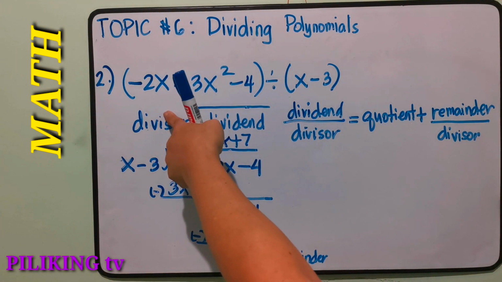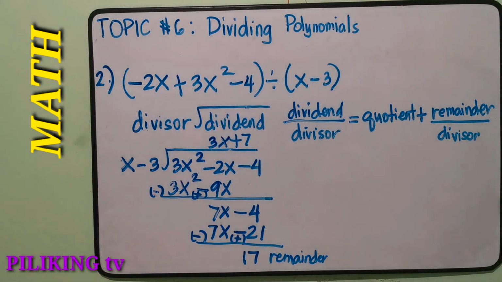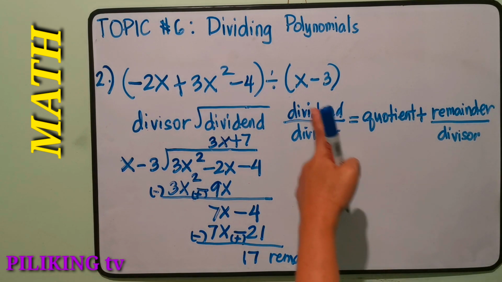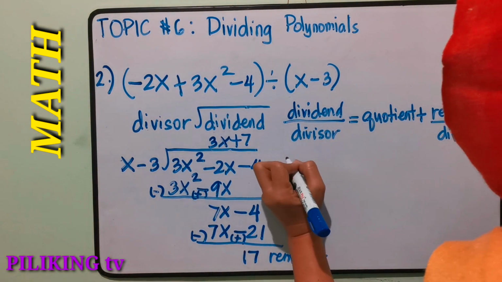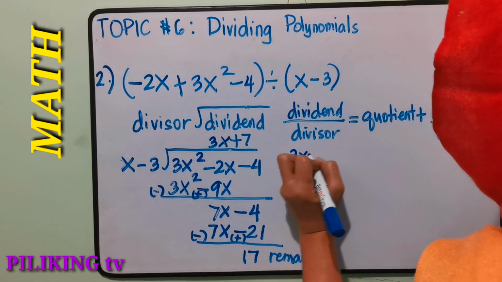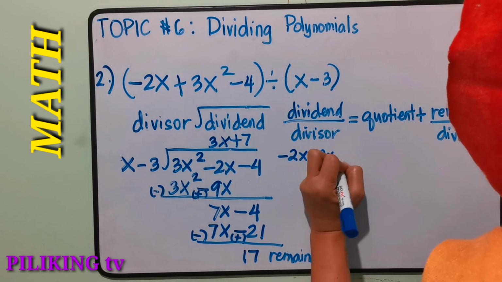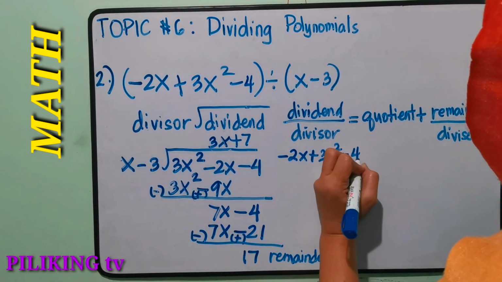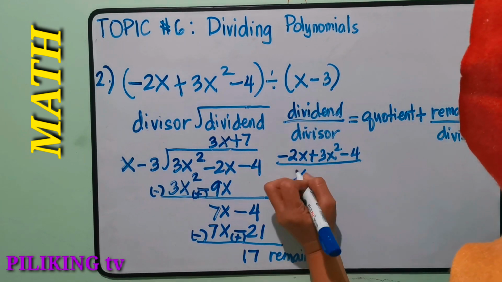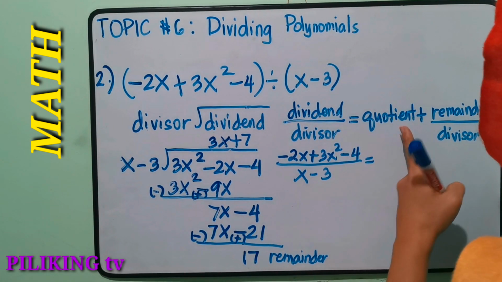So this will be our example. So we have our dividend. We have negative 2x plus 3x squared minus 4 divided by x minus 3. So what is our quotient?